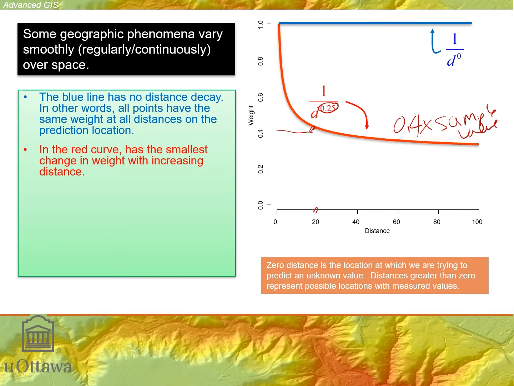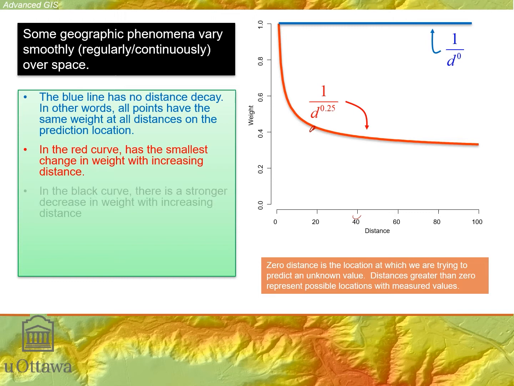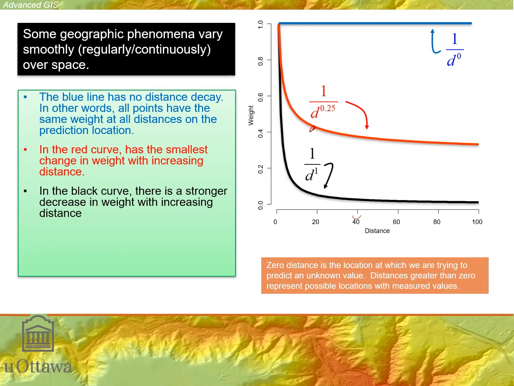So it would be 0.4 times that sample value, 0.4 times another sample value if it's 20 meters away. And likewise for 40, it would be slightly lower than 0.4, maybe 0.39, etc. This is the black curve, that's inverse distance. So that's just 1 over distance to the power of 1.